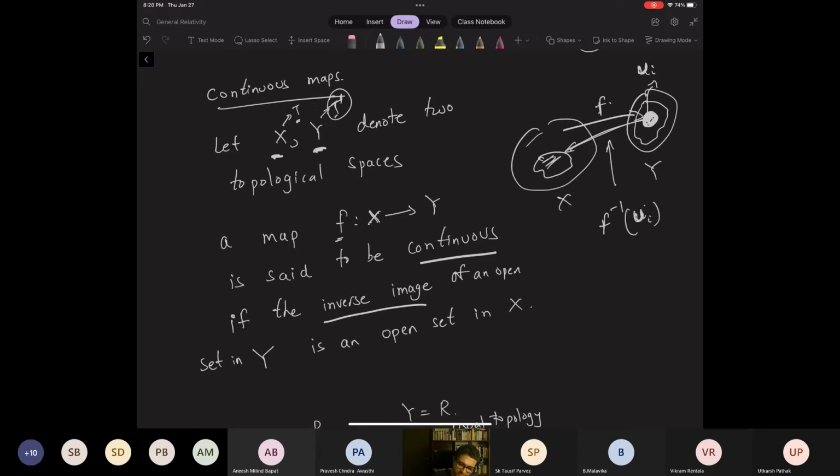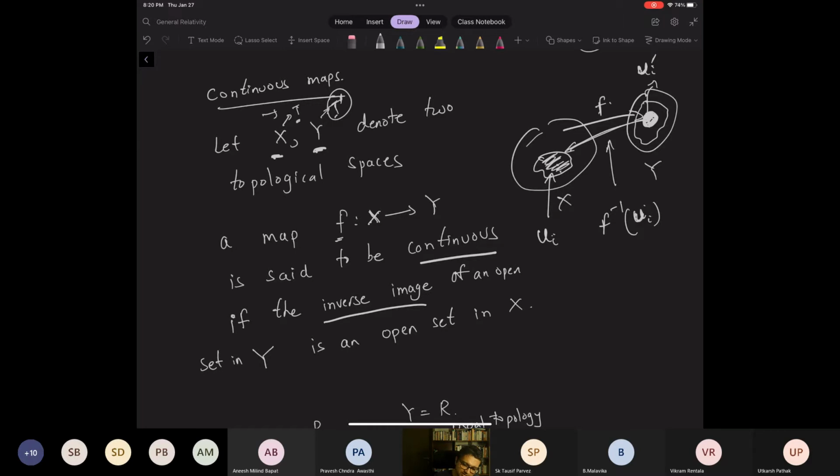So this is F inverse, and it takes me from this region UI back to this F inverse UI. And if the inverse of this open set in Y is an open set in X, let me call this UI prime, let me call this UI.